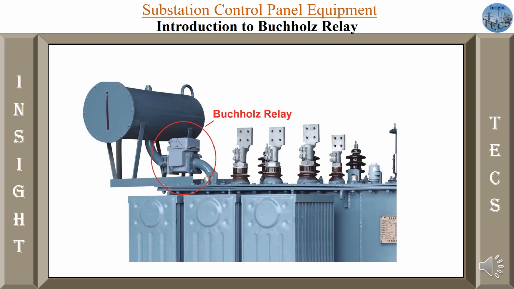So where exactly is this Buchholz relay placed on the transformer? This is a very commonly asked question in many competitive exams and also in interviews for various kinds of jobs in electrical engineering. As you can see, a Buchholz relay is always connected on the pipe in between the conservator tank and the main tank of the transformer, right?